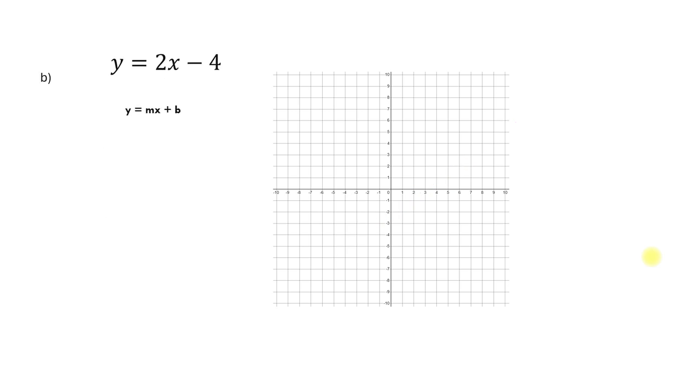y equals 2x minus 4. Our y-intercept is -4, so we can plot that. And we're told that our slope is 2. So starting from the y-intercept, we can run 1, rise 2.